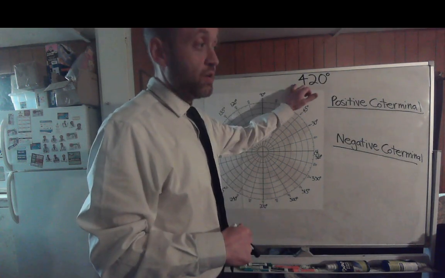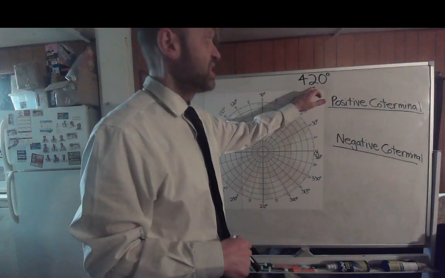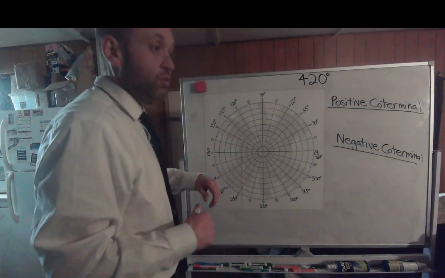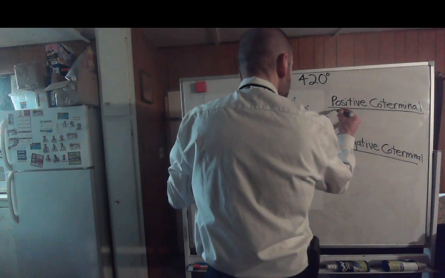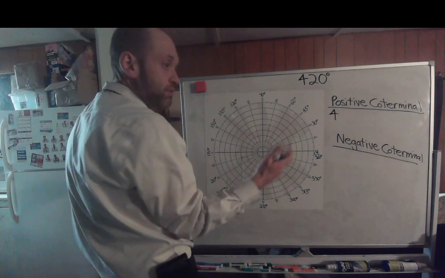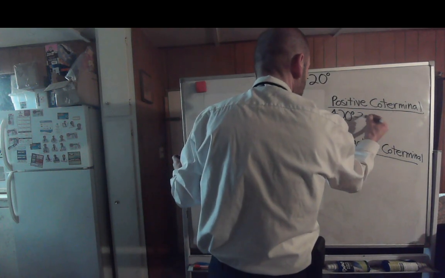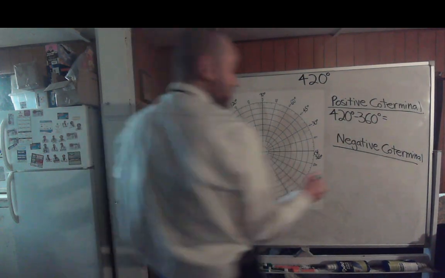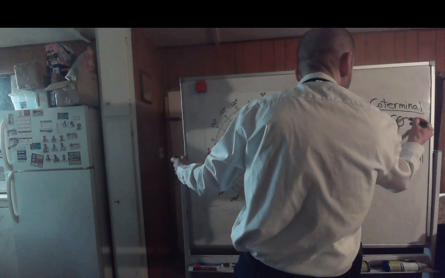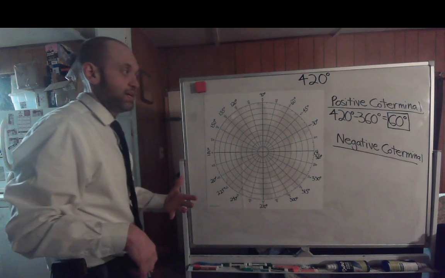We can add 360 and get 780 degrees, or we can subtract 360 and still have a positive coterminal angle, because 420 is greater than 360, right? If the angle is already greater than 360, you can subtract 360 and get a positive coterminal angle. So 420 minus 360 degrees would simply be 60 degrees. So a positive coterminal angle for 420 would be positive 60.